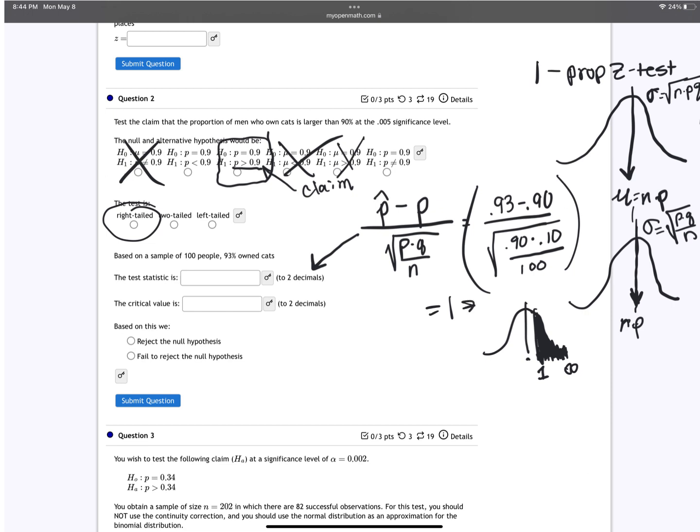This is our z-score. If I wanted to find that by hand, I would use normal CDF, but I could also do it pretty quickly and easily using my calculator.